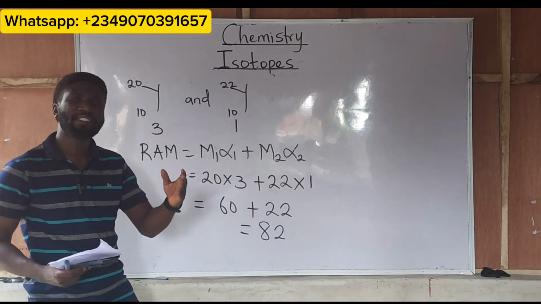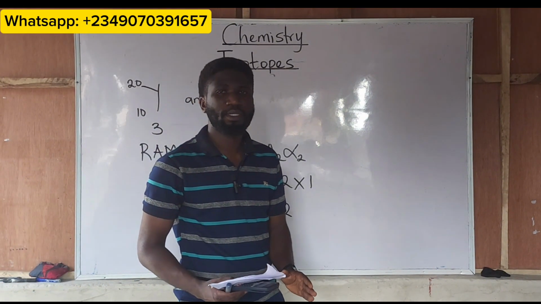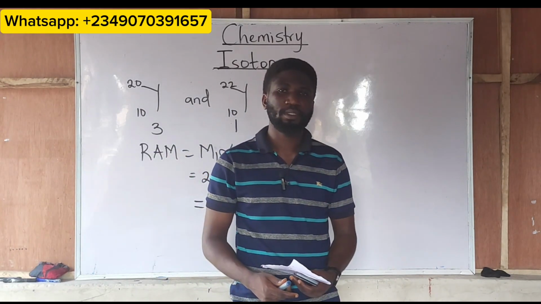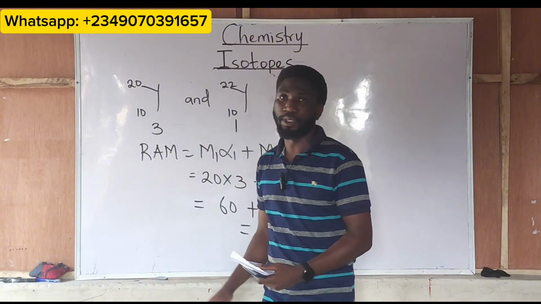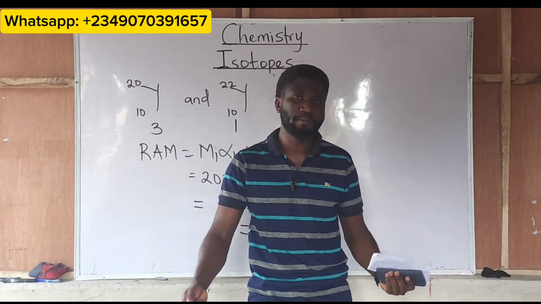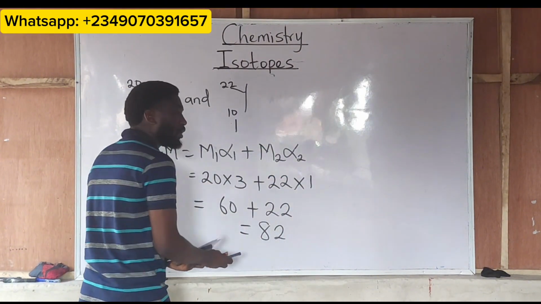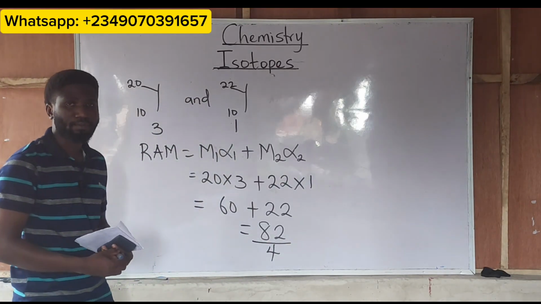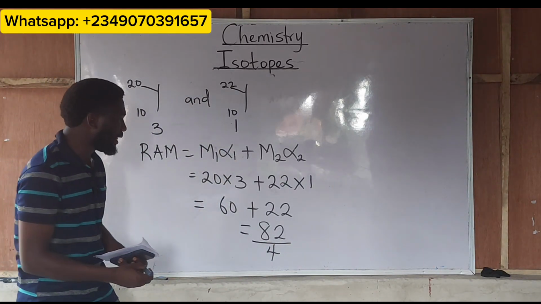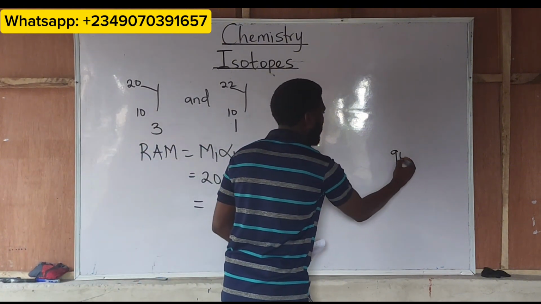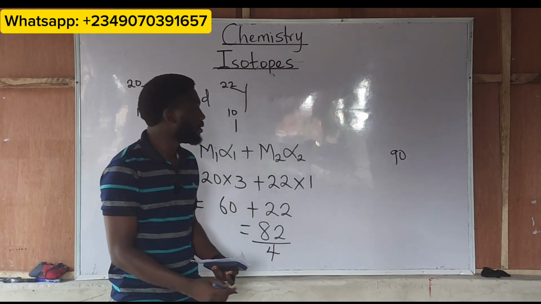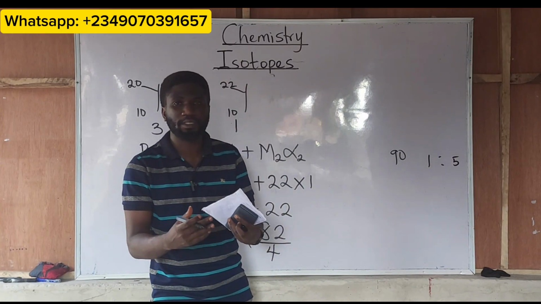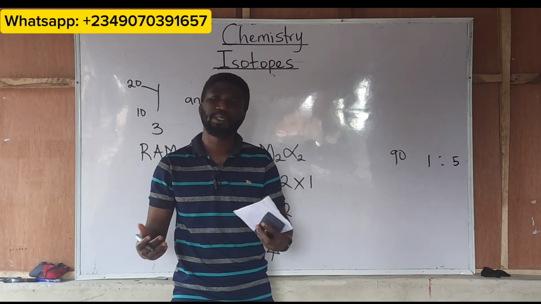Whenever you have the abundance given to you in ratio, what you have to do is sum up the ratio. In this case, we have 3, then we have 1. So 3 plus 1 is 4. So anything we have here, you are going to divide it by the sum of the ratio. Let's say we've gotten 90, and the ratio given to us was 1:5. Sum up the ratio, which is 1 plus 5, that will give us 6.